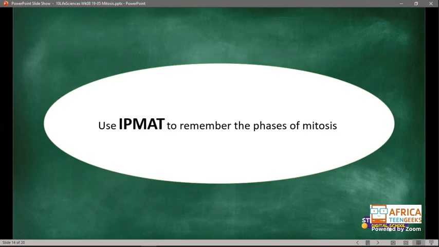So what are some of the ways that you guys prefer to remember these phases? Or how do you remember them? So I is for interphase, P prophase, M metaphase, A for anaphase, and T is for telophase.